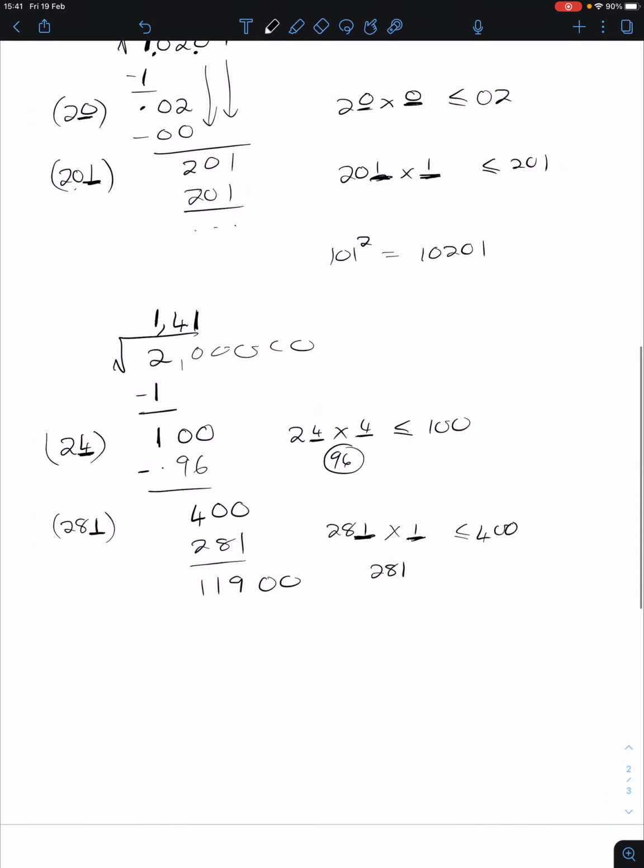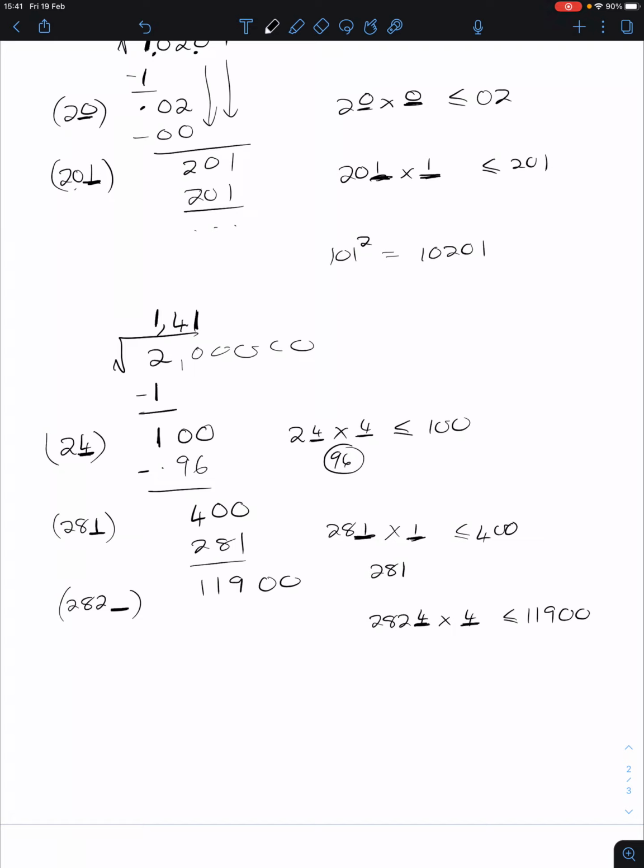Okay, so now we take the 1 for 1 and we double that, and that will be 282 and an add-on digit. So what we look for now is 282-something times that single digit that is less than or equal to 11900, and that just happens to be 4.